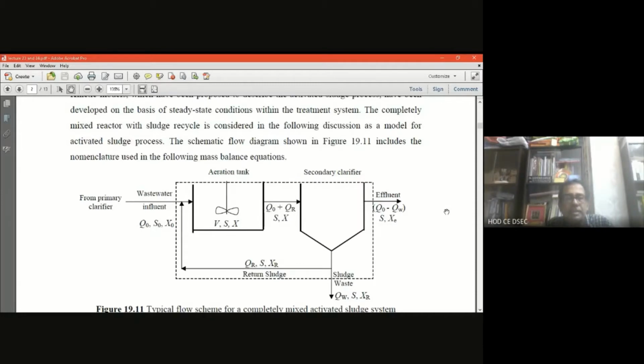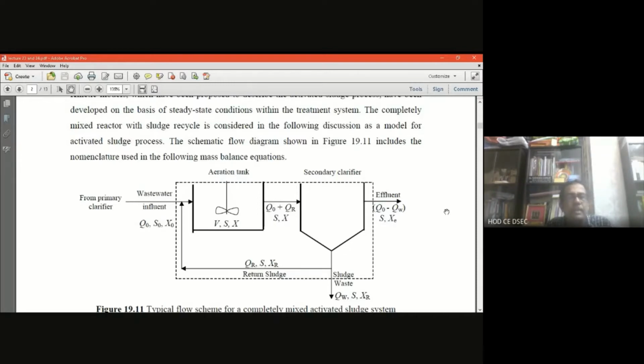That's why it is named the activated sludge process, because you are recirculating the activated sludge portion, and the sludge portion which is not activated, that is the excess sludge portion, is wasted out, and it is shown by the downward arrow. So this fundamental schematic diagram has to be clear in mind.